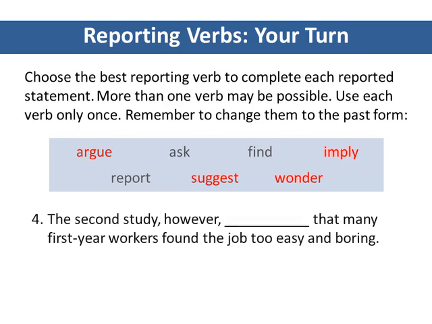Number 4. This statement is reporting on an opposing opinion. The second study, however, argued that many first-year workers found the job too easy and boring. Again, reported or suggested are possible, but argued more clearly expresses the meaning of opposition.